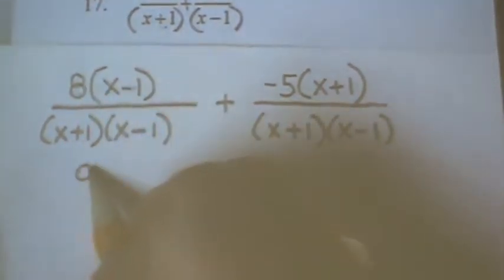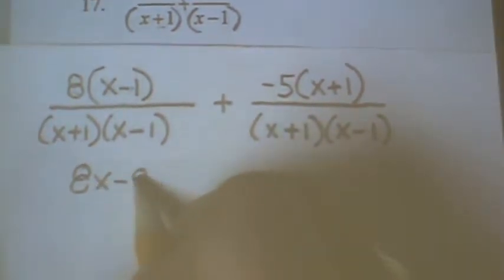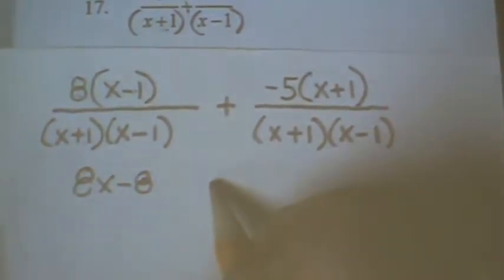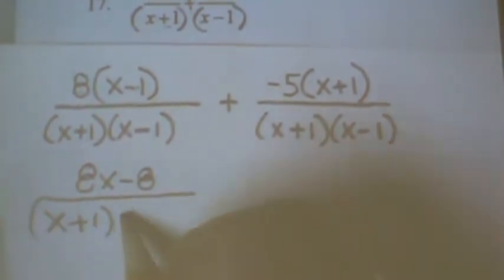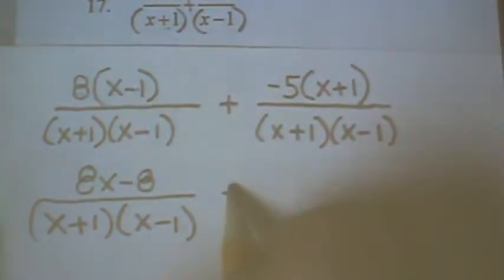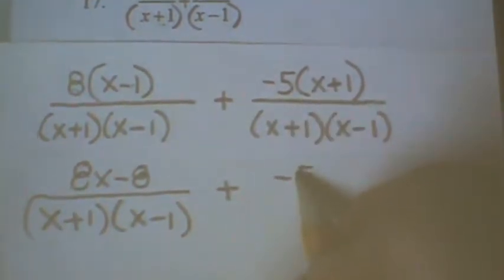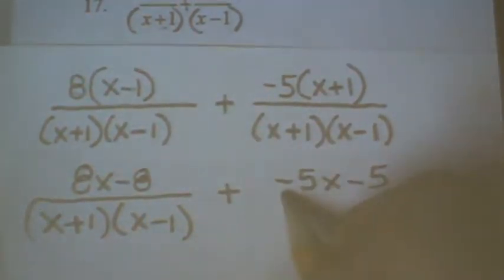So now, what we're going to do is distribute. We have 8x minus 8 over x plus 1, x minus 1. And then this is negative 5x minus 5.